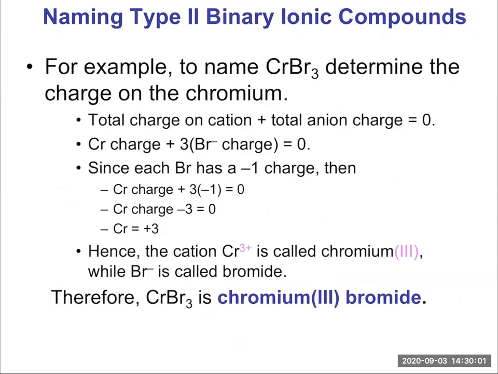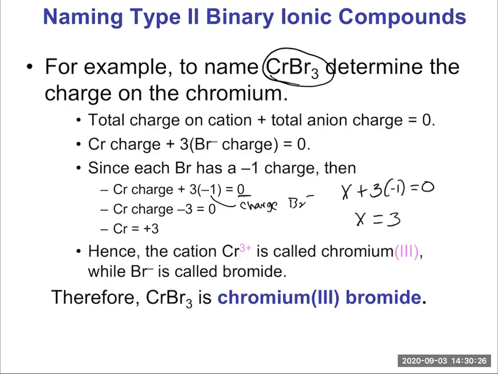So here's an example. Notice that we're trying to figure out the charge of chromium. The whole thing must equal 0. That -1 is the charge of bromine. So when we set it up, it's X plus 3 times -1 equals 0. X is going to be equal to 3. So the way you name that compound would be chromium 3 bromide.